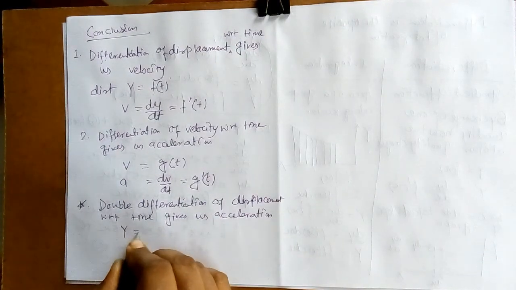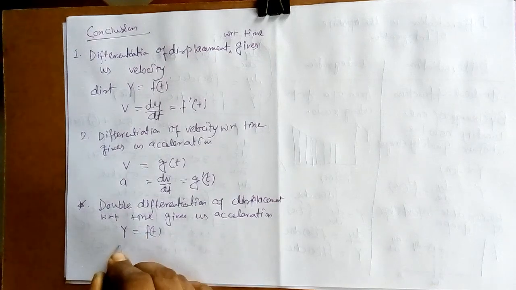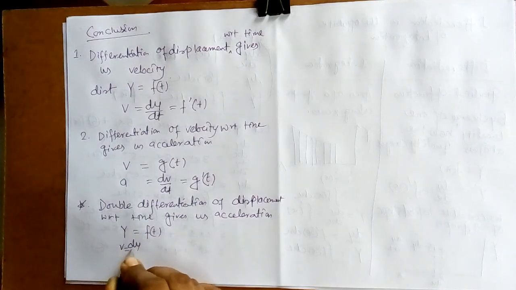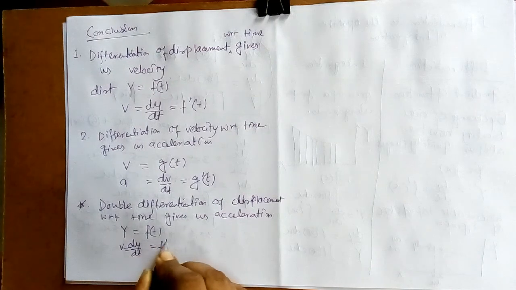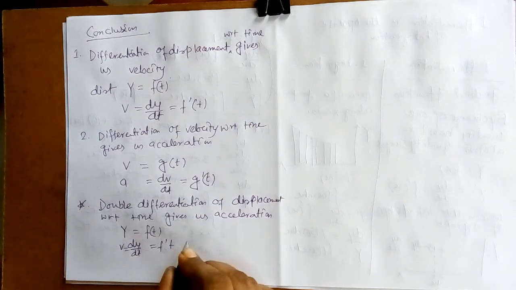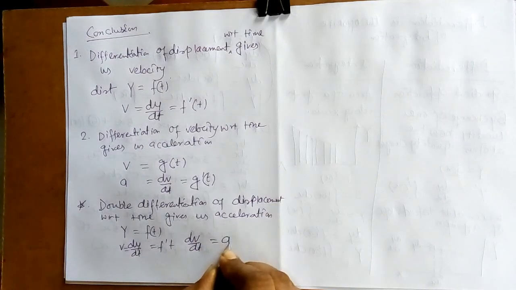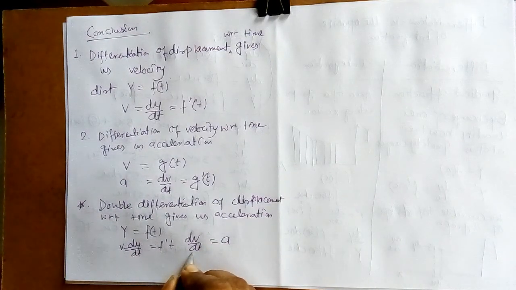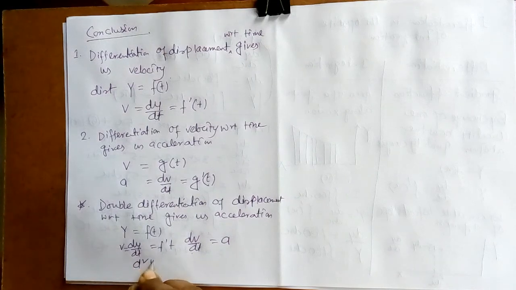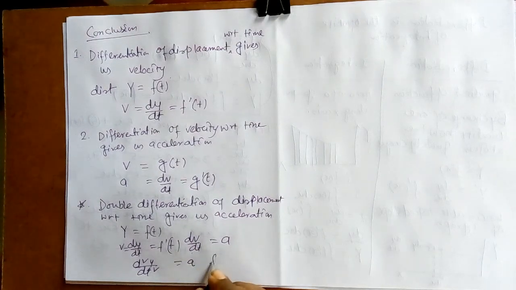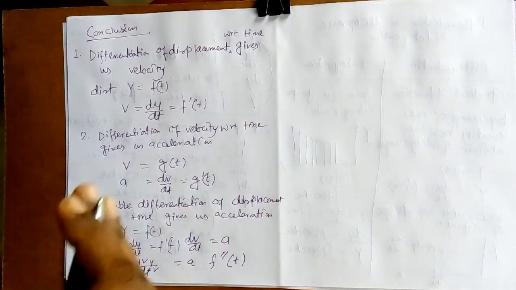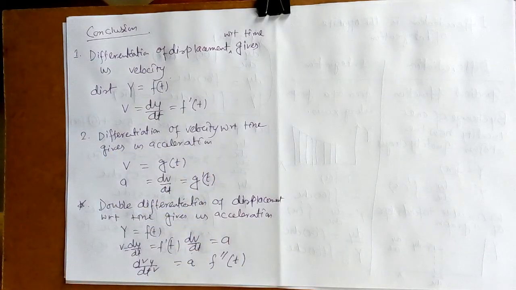If the displacement y equals a function of t, then v equals dy by dt, just now we have done, that is f dash t, and dv by dt gives us a. And dv by dt means d2y by dt2, that is the double differentiation, and that will give us acceleration, or it can be written as f double dash t. Okay, so that we have learned from differentiation.